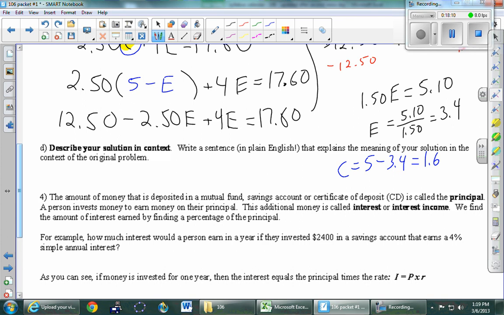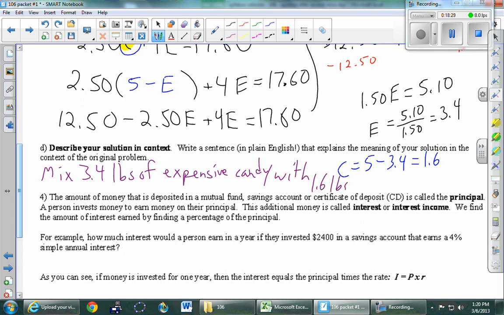Pounds of expensive candy. So mix 3.4 pounds of expensive candy with 1.6 of cheap candy.